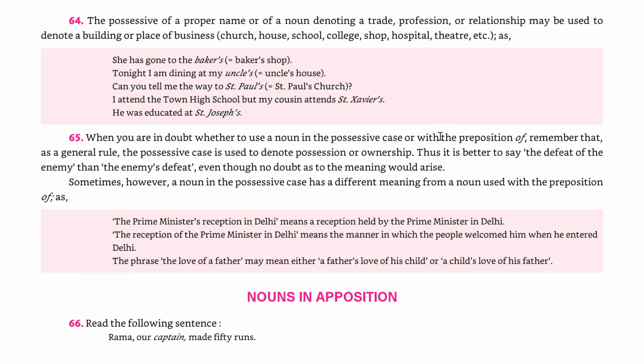When you are in doubt whether to use the noun in the possessive case or not, remember, with the preposition of, the general rule is that the possessive case is used to denote a person or ownership. Thus, it is better to say the defeat of the enemy than the enemy's defeat, even though the meaning is not different.